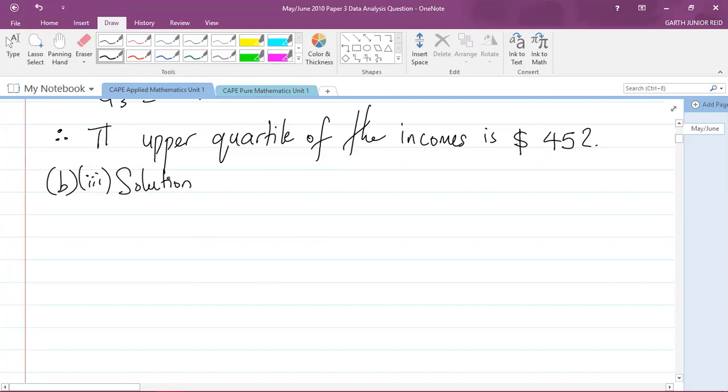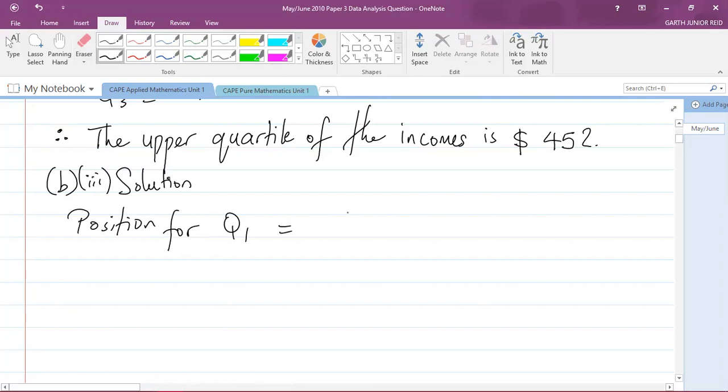So we want the lower quartile now, which is represented as Q1. I'm going to do a similar approach to what I did above. I'm going to find the position for Q1.